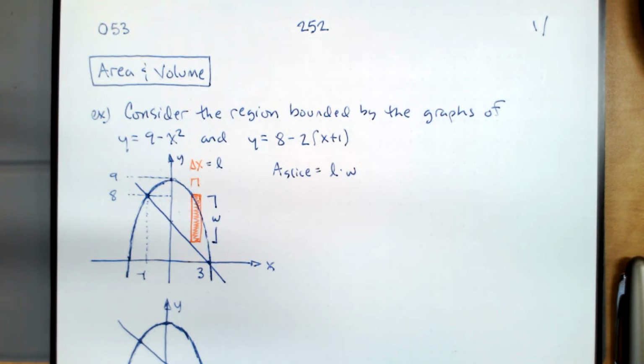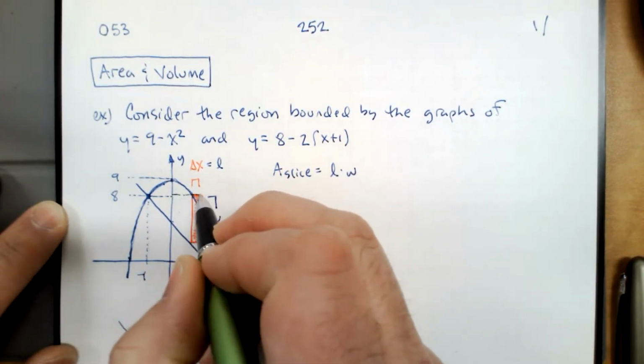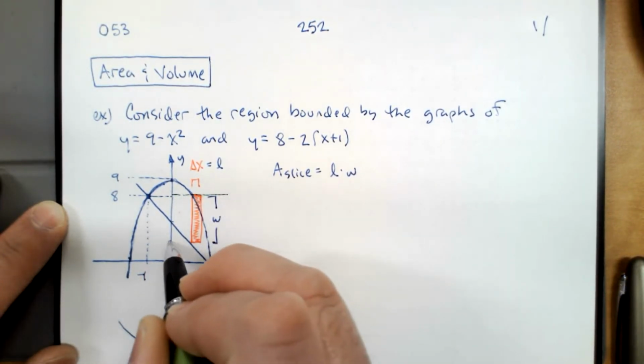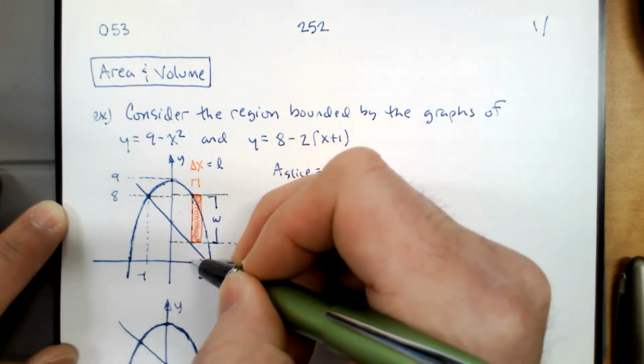Notice that we have two different y values. The width is the distance between these two functions. So I have this y value and these two y values from the same x value.